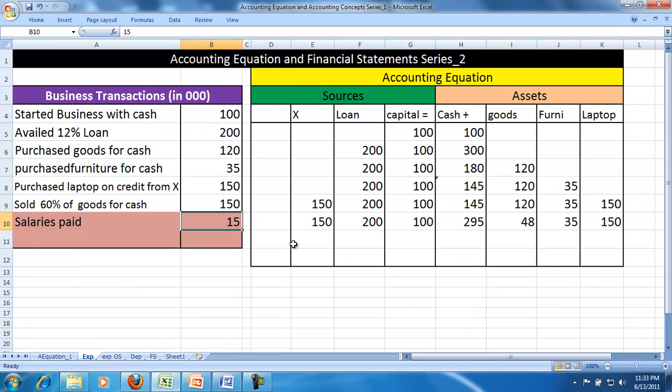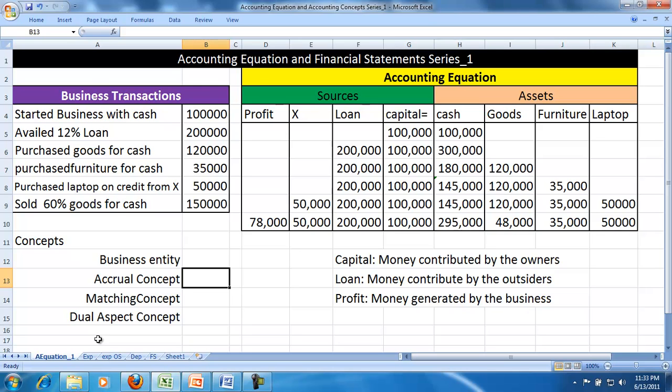So the profit is 150 minus 0.60 into the goods purchase, so 78, which is the same as the previous one. This is what we have already done in the previous session, so 78,000.